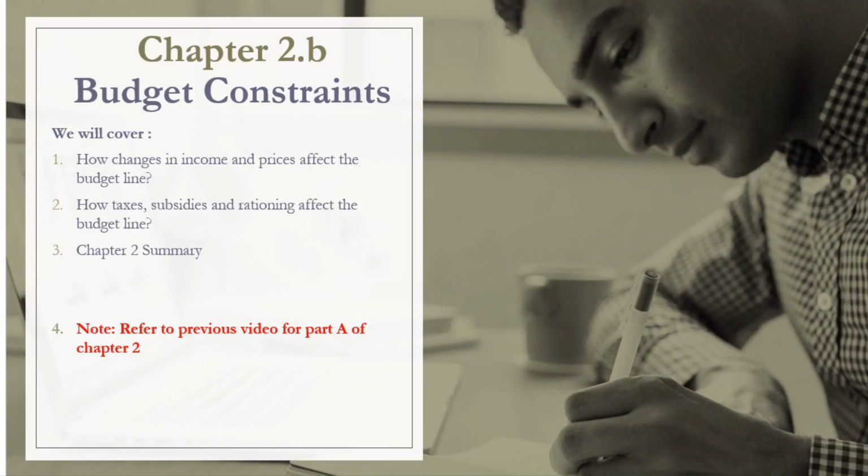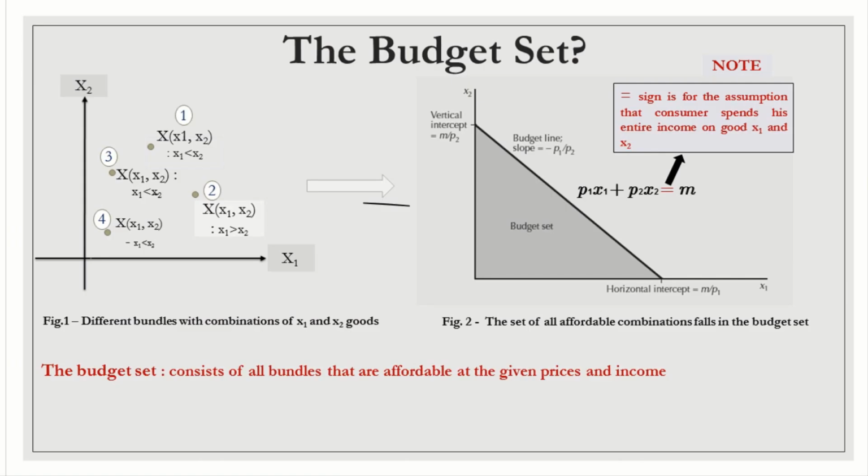So far we have been talking about the budget constraints, and we have already talked about what a budget set is, how it looks like, and how we represent a particular budget equation. We had given this form for two bundles of goods. So the equation was given as M equals price times quantity of good 1 plus price times quantity of good 2, right?